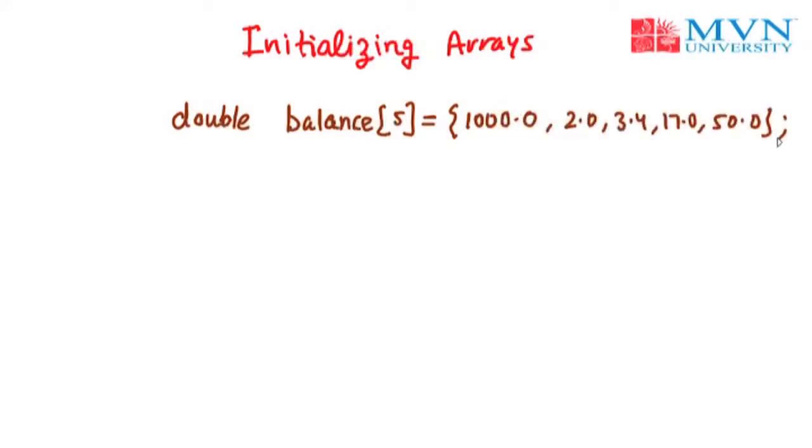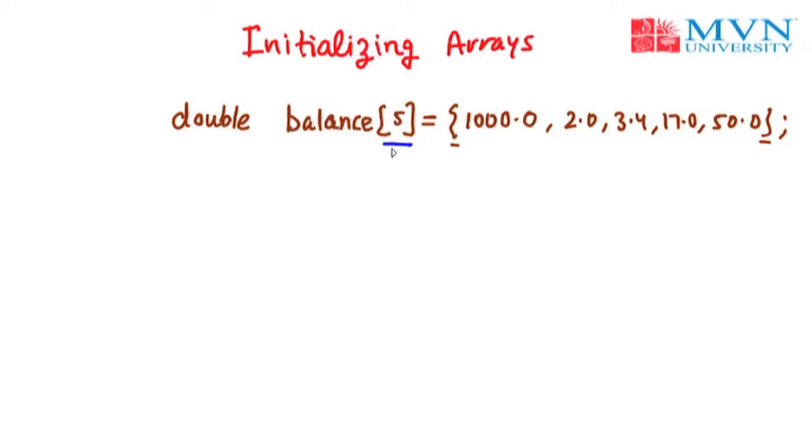So the values that are assigned to the balance variable should be specified within the curly braces like this. The number of values between the braces cannot be larger than the number of elements that we have declared for the array between the square brackets.